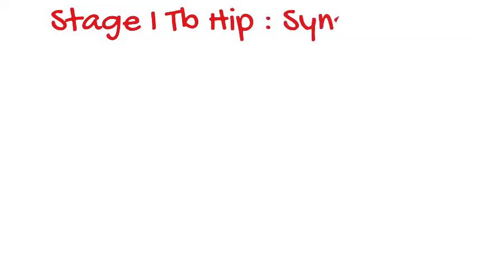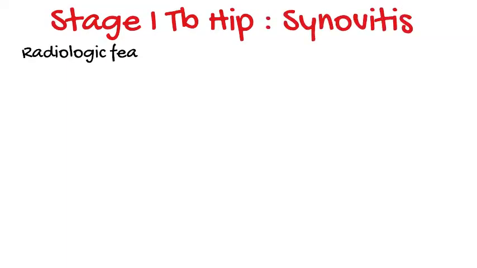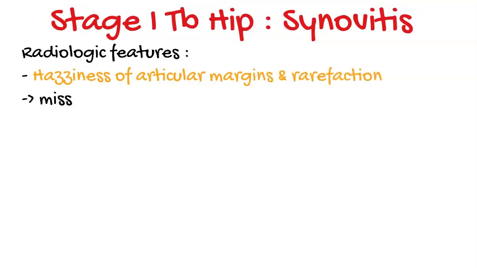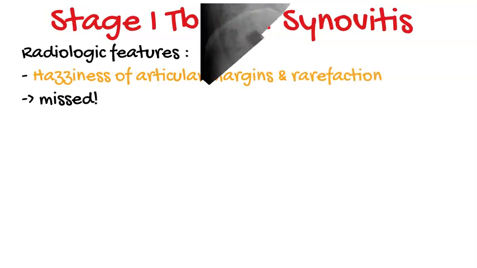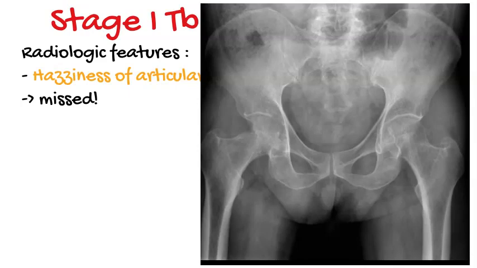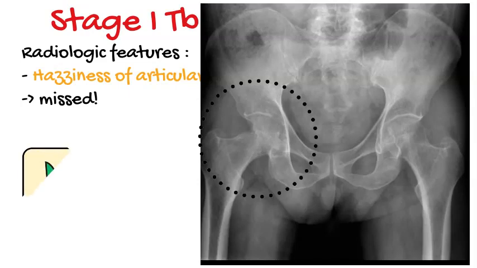In stage 1 TB hip, synovitis, radiologic features show haziness of articular margins, and rarefaction is frequently missed. This pelvic X-ray shows TB of the right hip. Sorry, I couldn't find an X-ray in type 2, stage 2 TB hip.